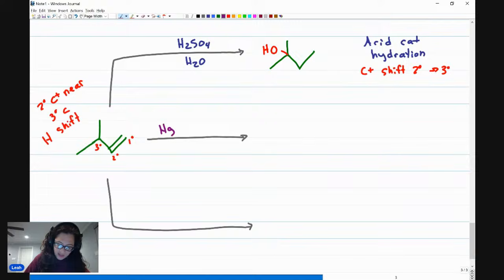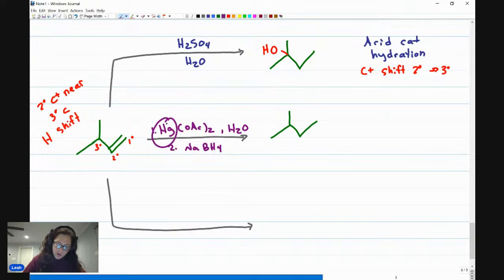If we use something like HgOAc2 in an aqueous solution for step 1, and follow up with a reduction using NaBH4, the alcohol will form at the more substituted carbon because it does follow Markovnikov's rule, but the mercury intermediate will hold on to that carbon, will not allow the carbocation rearrangement to happen, and the alcohol winds up at the secondary position, the Markovnikov's rule.